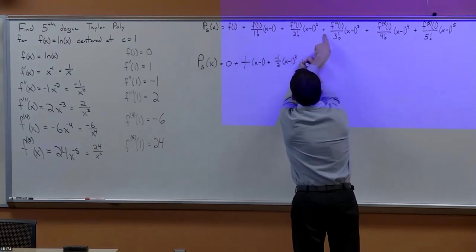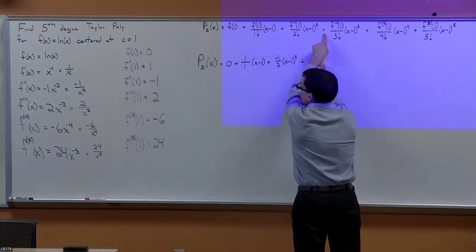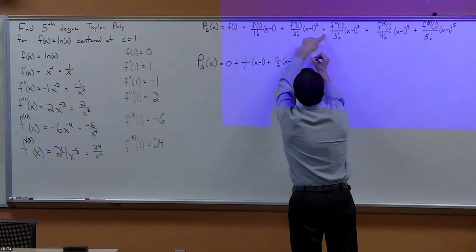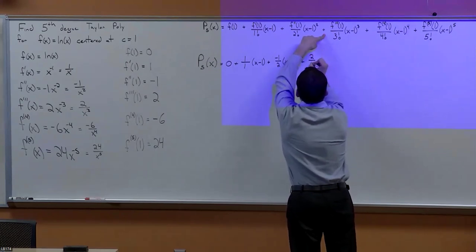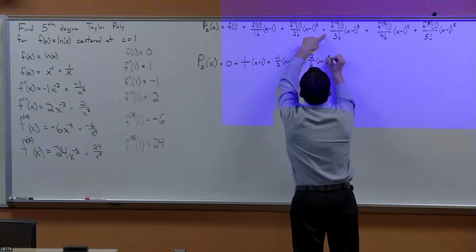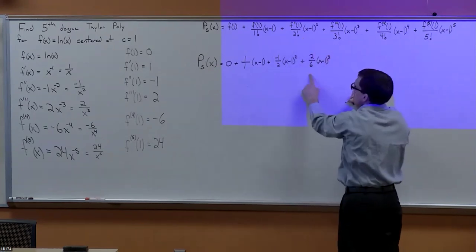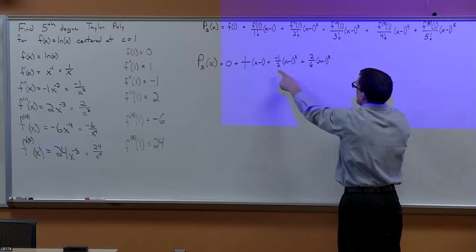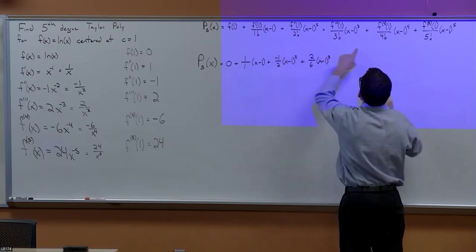Third derivative at 1 is 2. By the way, 3 factorial is 6. I didn't say that. 2 factorial is 2.